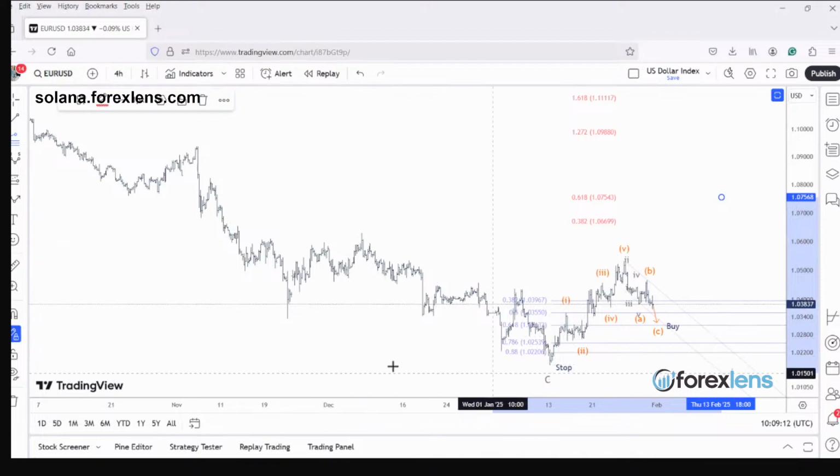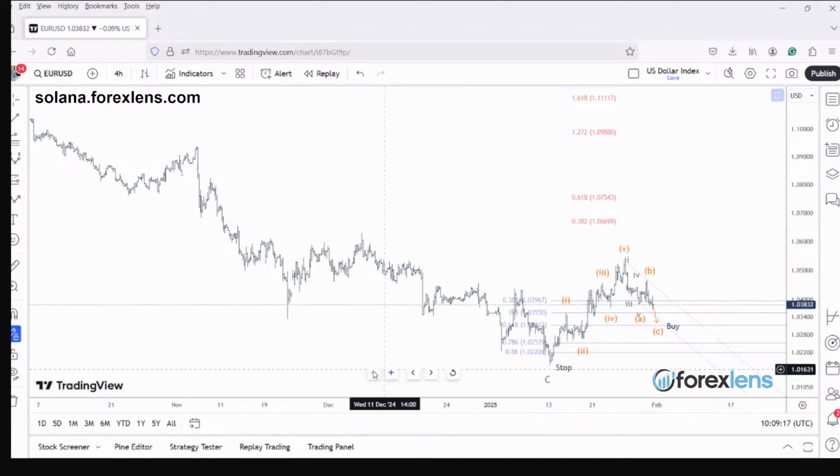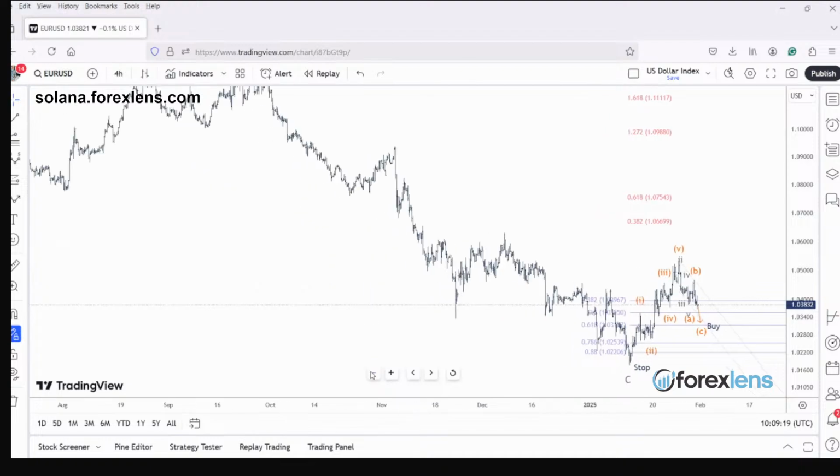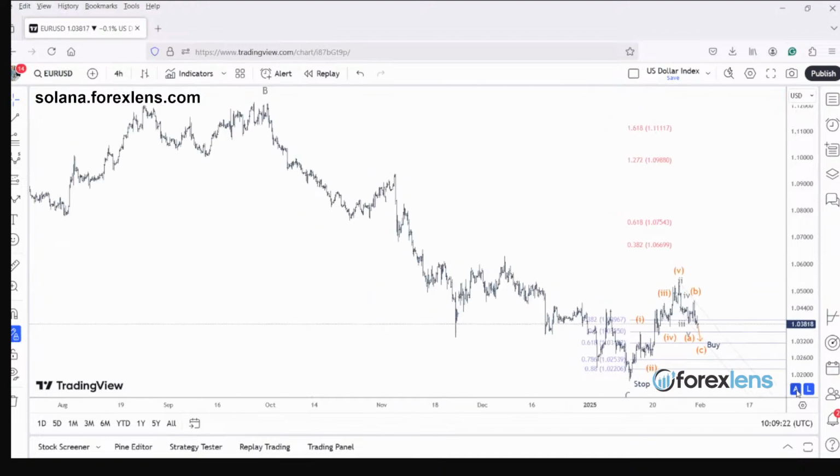One more thing, let's test out since we are on the 4 hour time frame. There is nothing wrong with, and it's a better practice actually, always drawing trend lines.